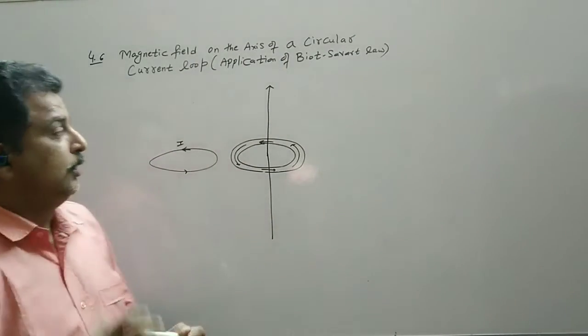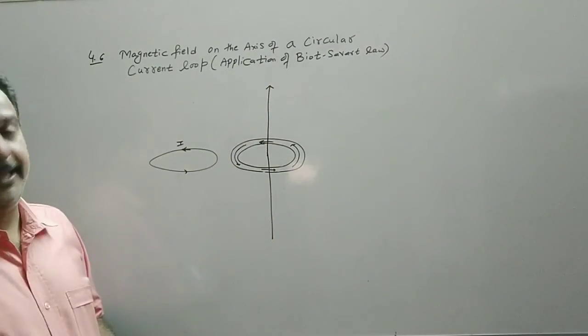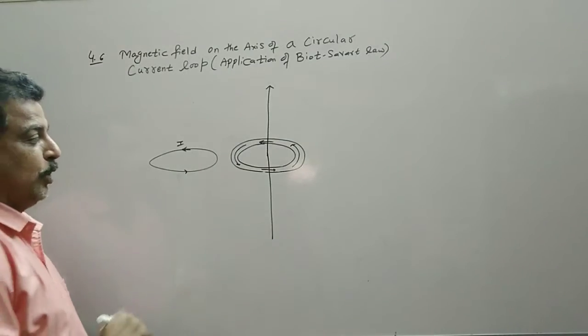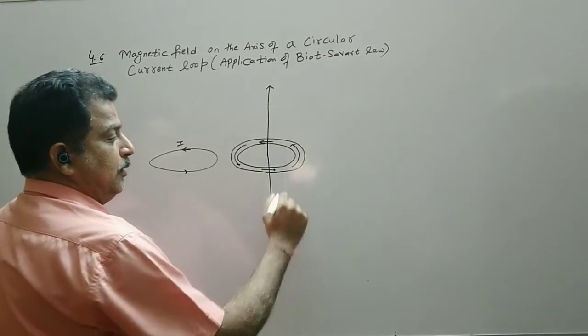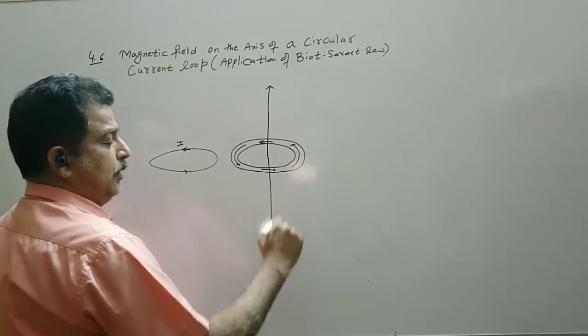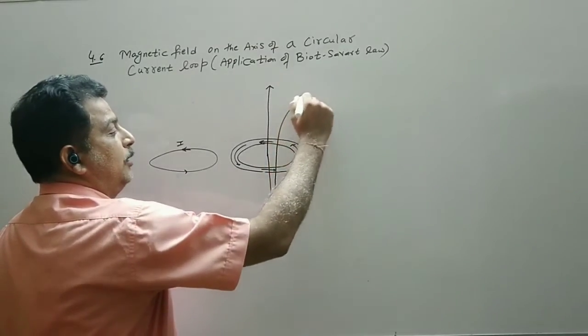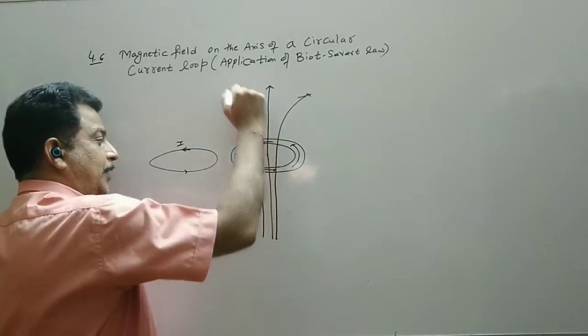But this is not the whole situation. It is only along the axis of a circular ring. The actual magnetic field is almost similar to the magnetic field of a bar magnet. So it is like this.